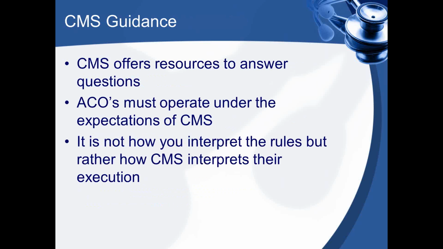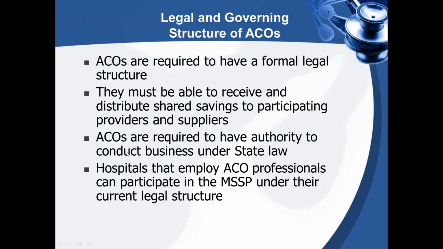CMS offers resources to answer any questions, but we have to operate under the expectations of CMS. Too many times you'll get people trying to interpret the rules rather than trying to look at how CMS interprets their execution. So they'll interpret the rules for their own satisfaction, but they ignore the fact of why CMS created those rules in the first place.